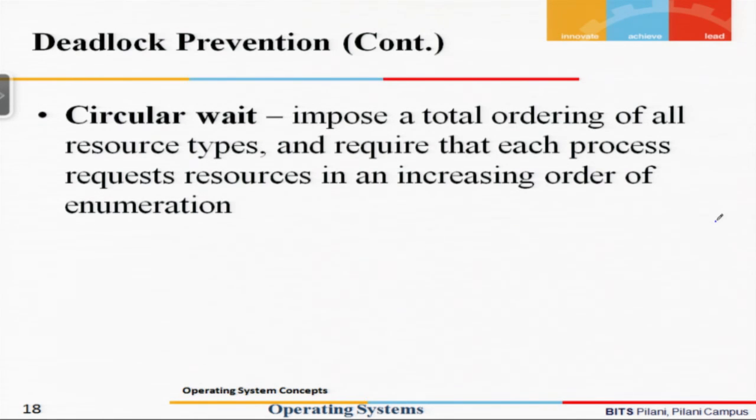If such a strategy is adopted, then Pn will never wait for P0, because resources have to be accessed in increasing order of their enumeration. So this would actually break the deadlock, but it essentially means there has to be a strict resource ordering, which is not a very easy task. We cannot say that the hard disk is going to be 1, the keyboard 2, the tape drive 3, and so on.